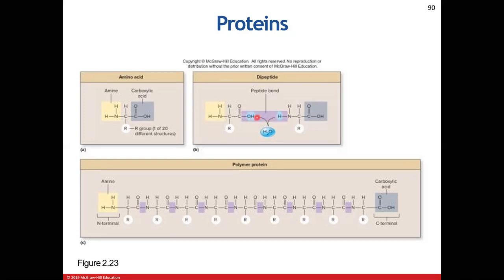Those bond together, we give off water, and then you'll see that we end up having a bond here between carbon and nitrogen. And so now you can see what a protein looks like as we take a series of amino acids and put them together. And obviously every amino acid has its R group. We start here with the N-terminal end. Here we have our C-terminal end. And each of these here is a peptide bond formed between individual amino acids.